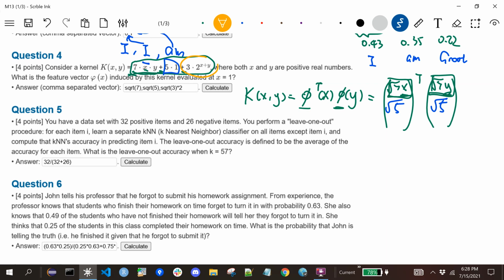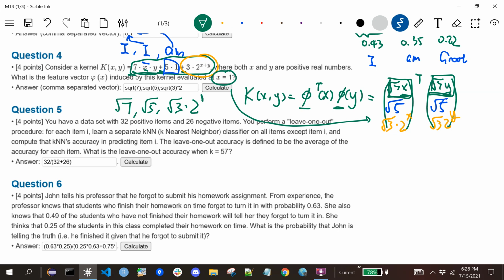And the last one is similar, 3 to the power x, 3 to the power y. So now we get the features. The only thing is substituting x into, say, one of these features. So that's why it's square root 7, square root 5, and square root 3 to the power 1, which is this.